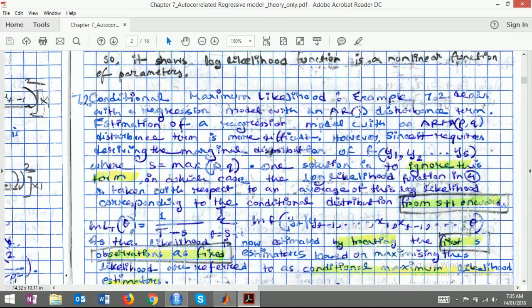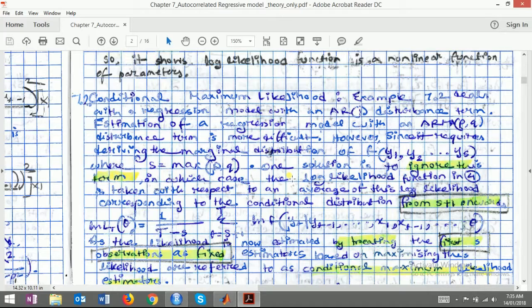Conditional maximum likelihood. So example 7.2 deals with a regression model with an AR1 disturbance term. Estimation of a regression model with the ARMA(p,q) disturbance term is more difficult.